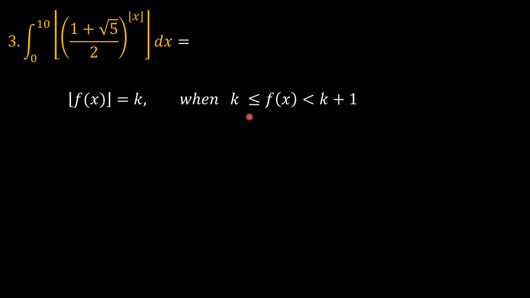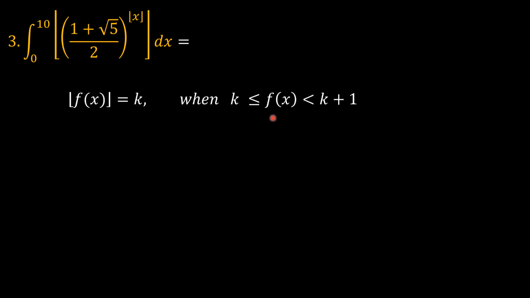So what that means is that this is the integer value of any function such that when f(x) is between k and k plus 1, the floor takes the integer value immediately less than that function value.